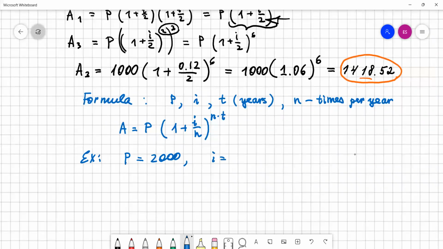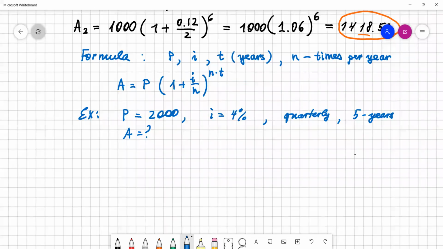Interest rate is going to be 4%, and we are going to combine it quarterly. And we are going to have, I don't know, 5 years. The question is again, what is A? And again, you guys have 5 minutes, and I'm going to actually just solve it after I count to 5, okay?